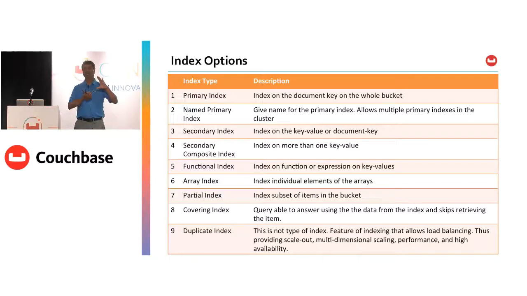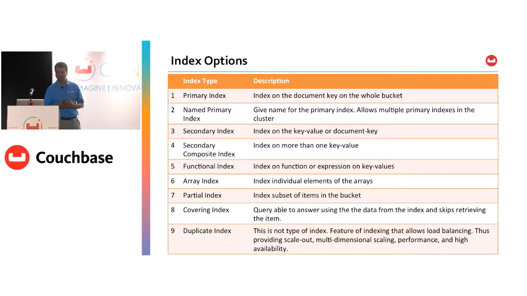An array can have scalar values or objects or arrays of arrays. The array indexing functionality in Couchbase helps you to index only the scalar values that you need within a complex array. Partial index helps you to create indexes on a subset of the data.